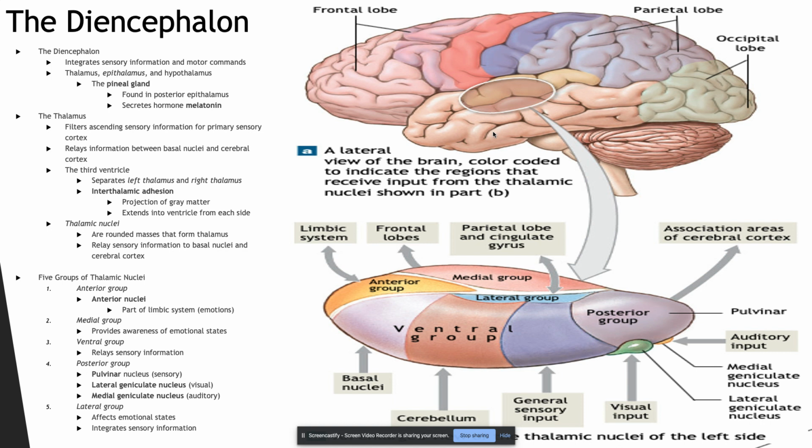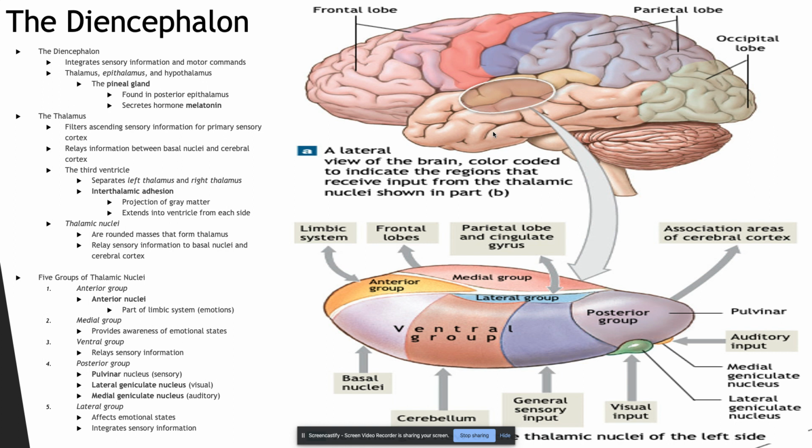The lateral geniculate nucleus of the thalamus receives visual information from the optic tract, which originates at the eyes. The output of the lateral geniculate nucleus goes to the occipital lobes of the cerebral hemispheres and to the midbrain. The medial geniculate relays auditory information to the appropriate areas of the cerebral cortex from specialized receptors of the internal ear.